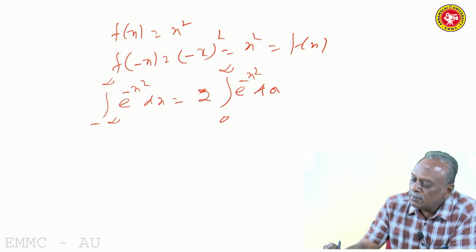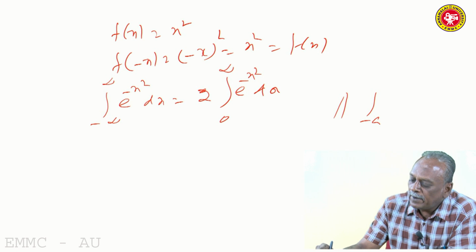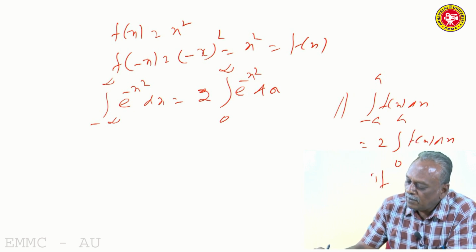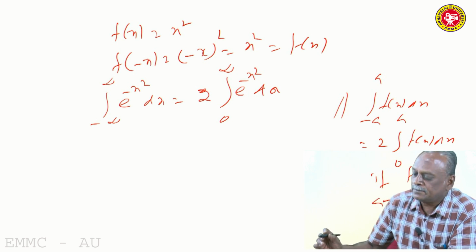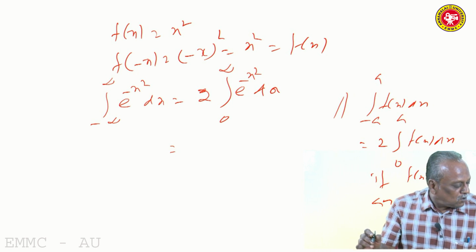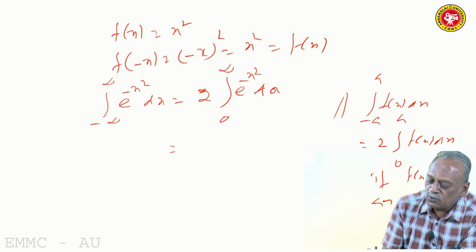We know the property of definite integrals: integral minus a to plus a f of x dx equal to twice integral 0 to a f of x dx if f of x is an even function. We find the value of the integral from 0 to infinity to be root pi by 2. So 2 into root pi by 2 becomes root pi.